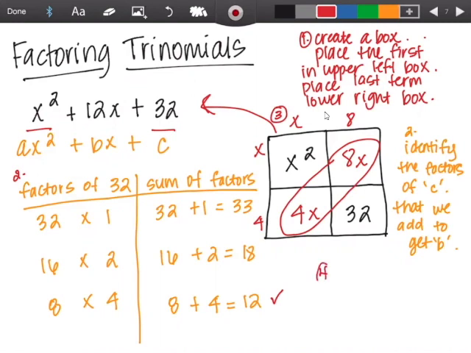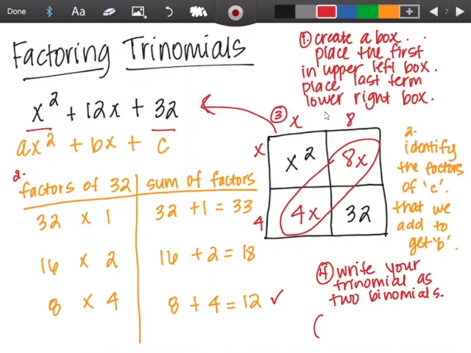Step 4 is going to be write your trinomial as two binomials. The two binomials is what we have around our square. So that will be x plus 8 times x plus 4.